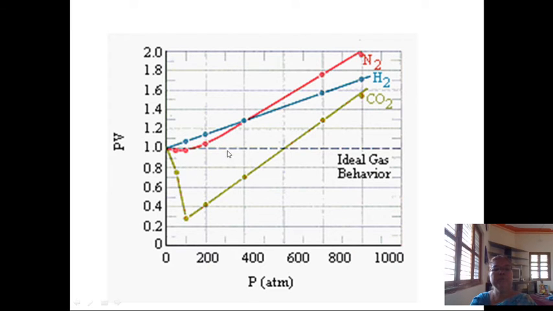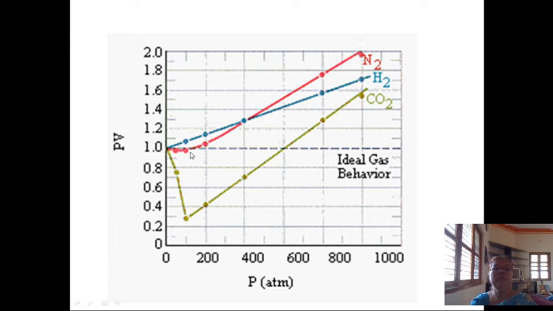And all of you know, in case of ideal gases, the PV values are constant at constant temperature. Then this pink line or pink curve shows the deviations of N2 gas.